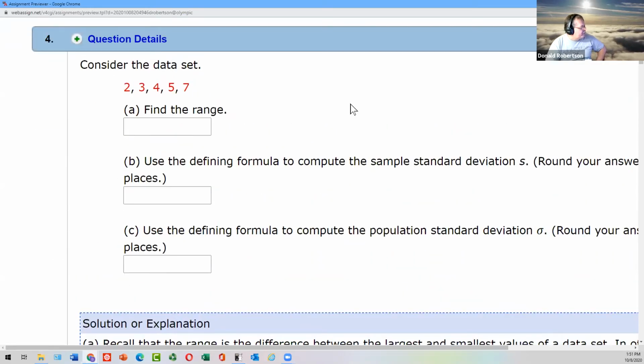Then you get a bunch of questions that are basically, here are 5 numbers, find the range, and then calculate the standard deviation of the population and the standard deviation of the sample. Now I would definitely do anything to do with standard deviation on your calculator. There are 2 options in your calculator. One is called S little x and the other is called sigma little x.